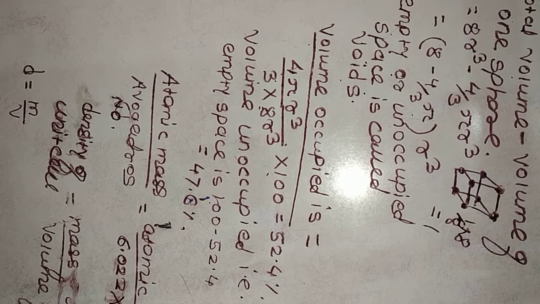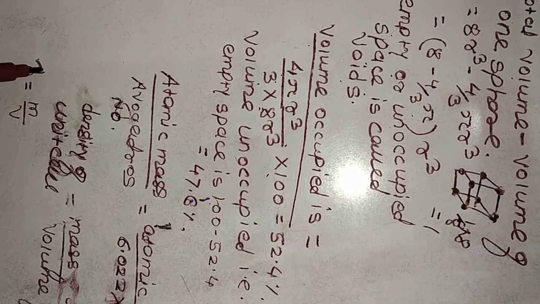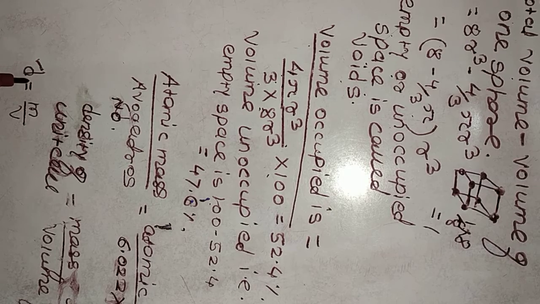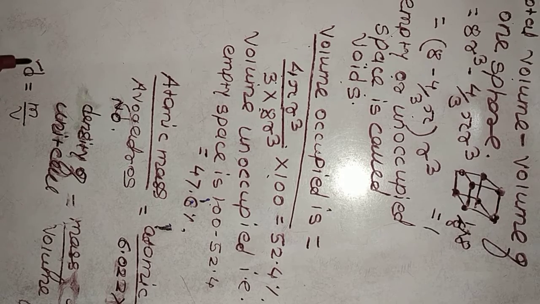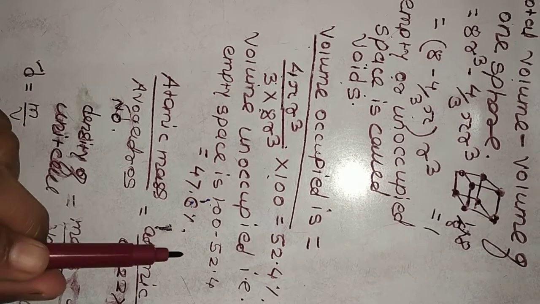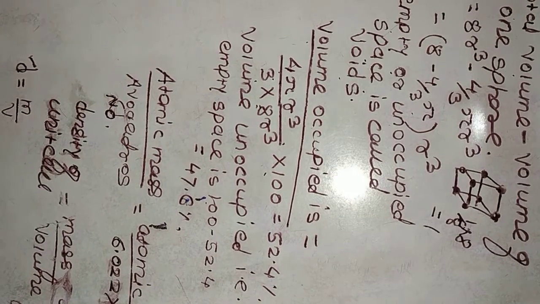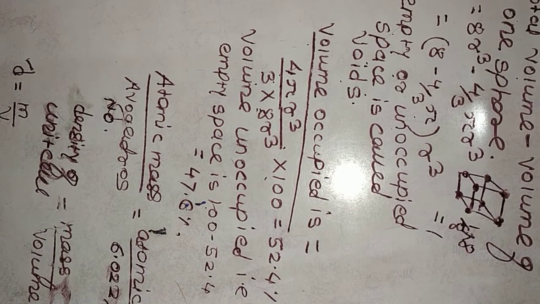If the density of the crystalline solid is known, the radius of the constituent atom can be determined with the help of this formulation. You can simply say that in the SCC cubic unit cell, volume occupied is 52.4% and unoccupied space is 47.6%.